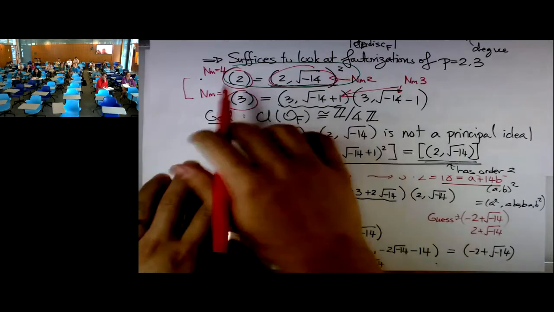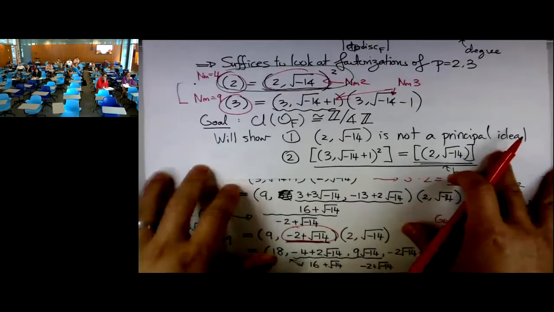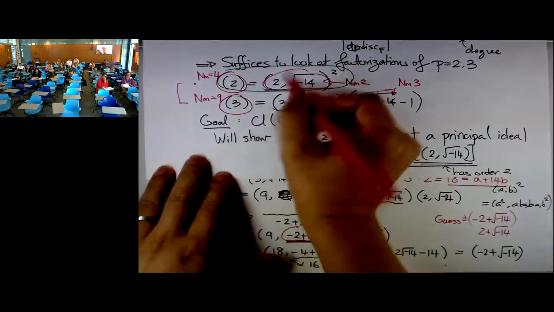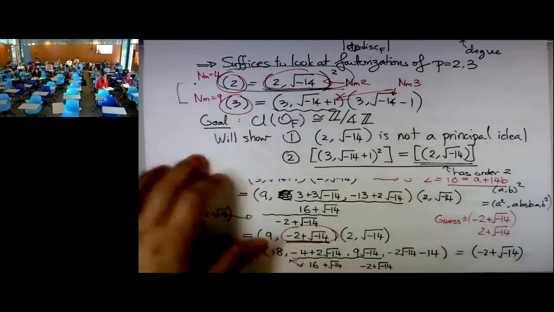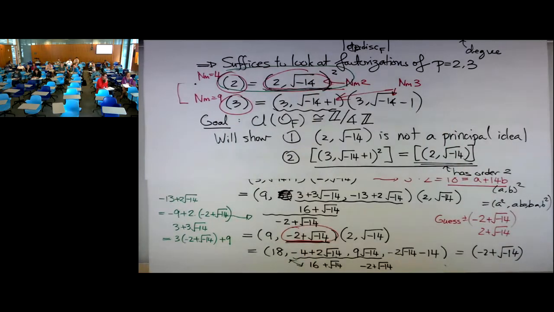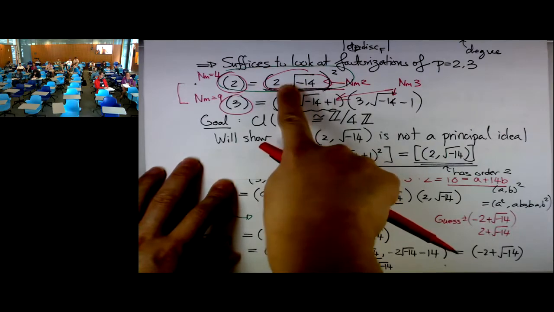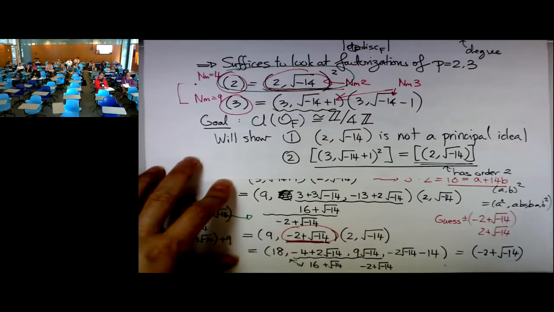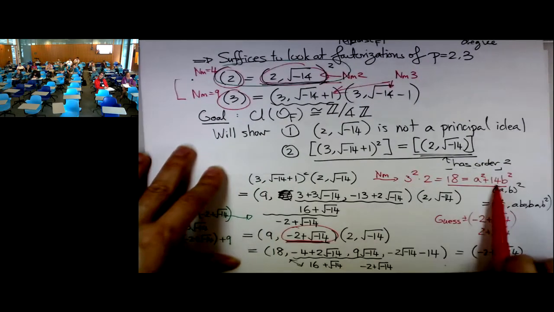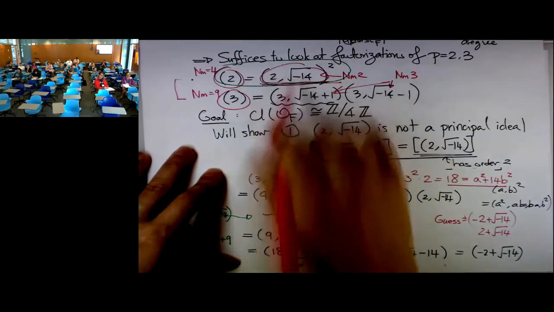First of all, here's how I would think about it. Look at the situation. You have something squared equals to principal. So the first question I want to think about is whether there's an element of order 2. That boils down to the question whether there's an element of the norm 2. And clearly there's no element of the norm 2 because a squared plus 14b squared can't be 2. So that's definitely not an element of order 2.